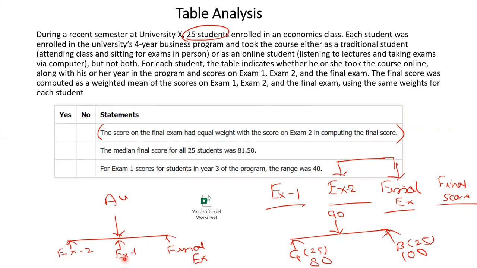And if this person's exam 1 score is also the same as the average score, then this person's final score would be this. It doesn't matter in that case what the weightage of exam 1 is.